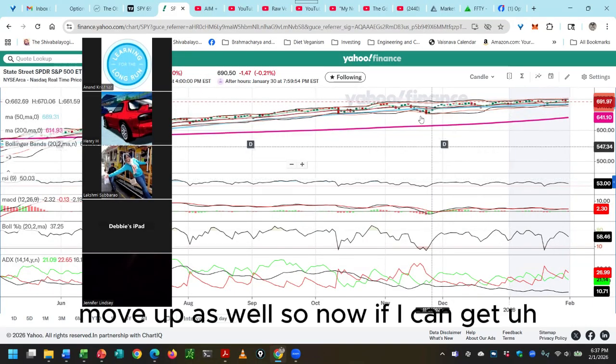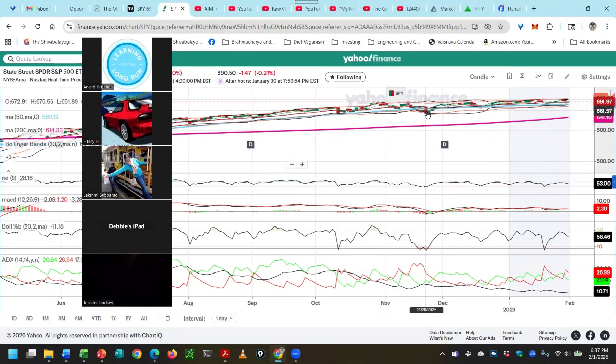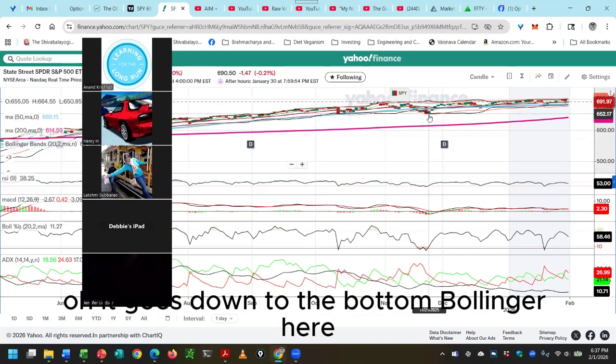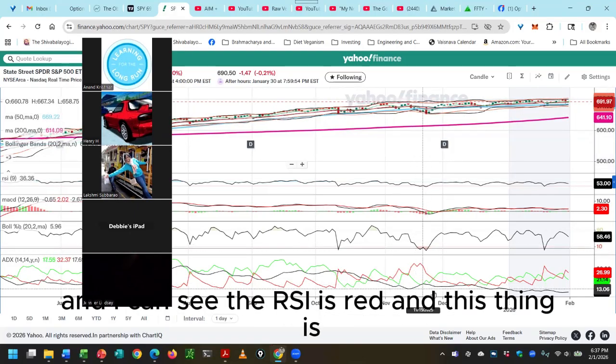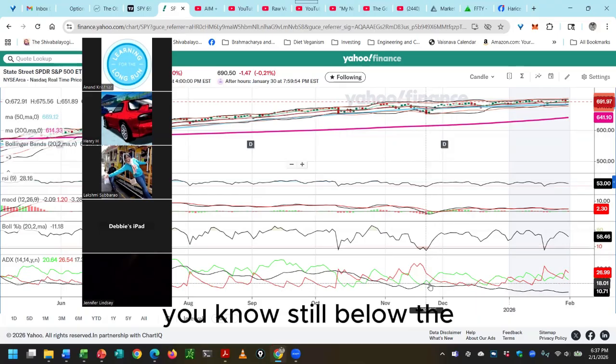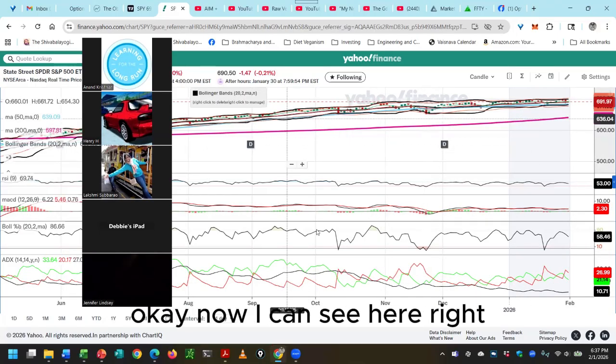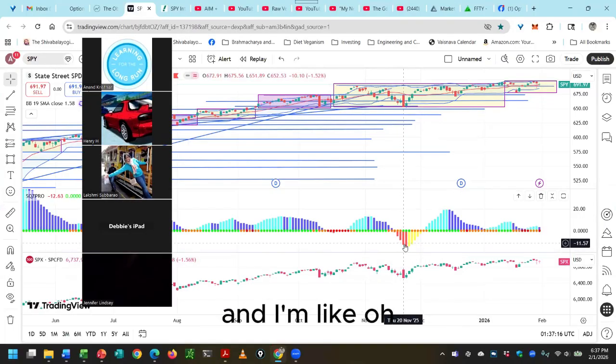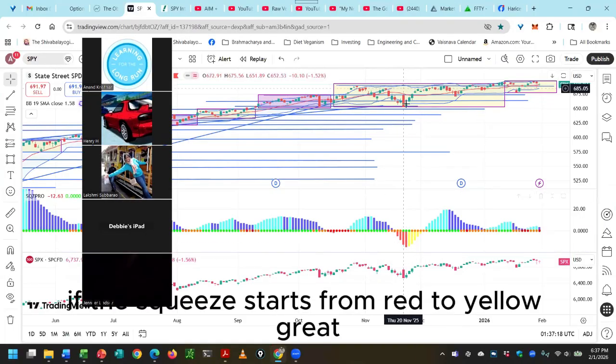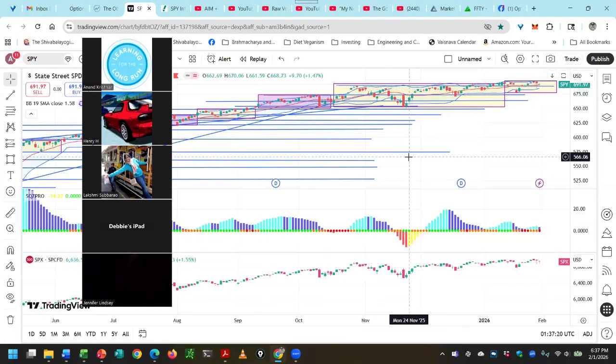So now if I can get it to where it goes down to the bottom Bollinger here, and I can see the RSI is red, and this thing is still below the 20, now I can see here, oh, if the squeeze turns from red to yellow, great, I can take that too.